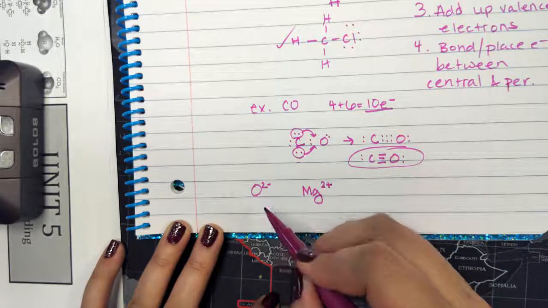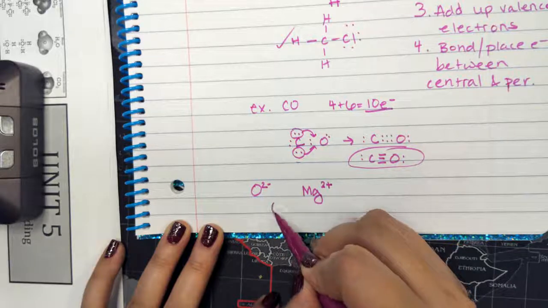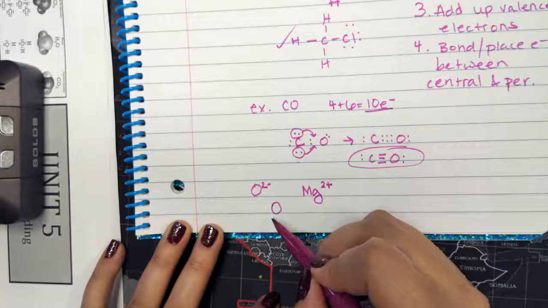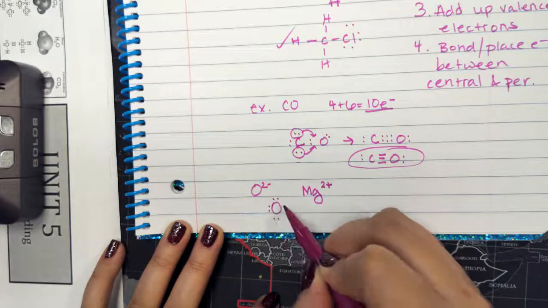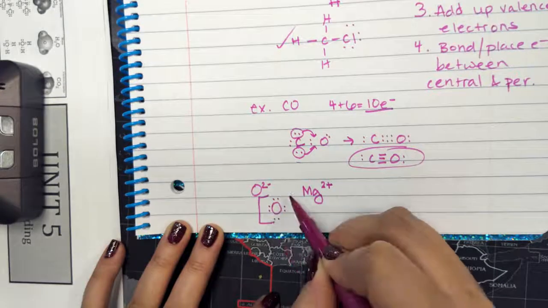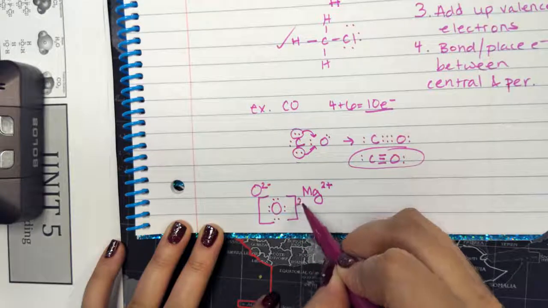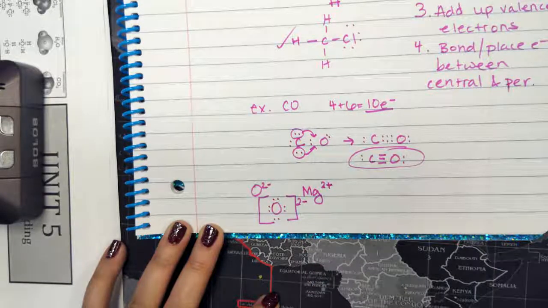And looking at the dot structure of oxygen, I know that if I'm adding 2 electrons to its already 6 valence electrons, I would have a total of 8. And when I'm drawing an ion Lewis dot structure, I put it in brackets and show how many electrons I've added or subtracted.